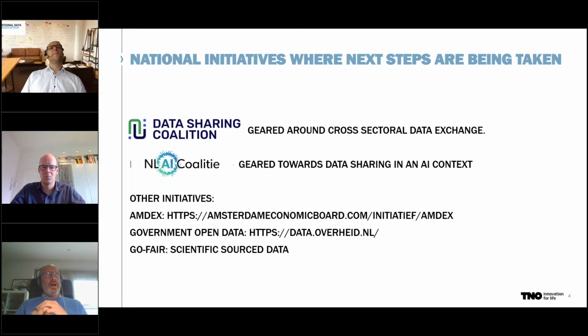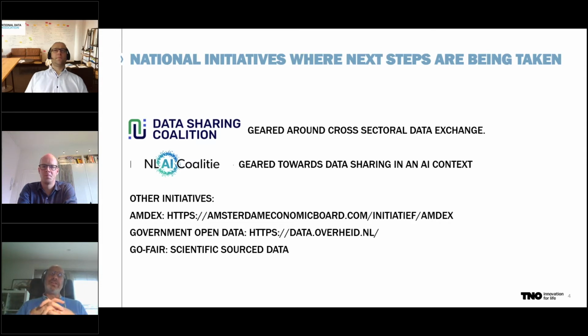Now, where is it happening in the Netherlands, you could ask, and on this slide you see two national initiatives, one that Thorsten already mentioned, the Data Sharing Coalition, another one which is the Dutch AI Coalition. The Data Sharing Coalition comes from the starting point that we need this cross-sectoral data sharing. And therefore, roughly 25 to 30 organizations have come together and are seeking implementations and are seeking a system to share data across sectors.